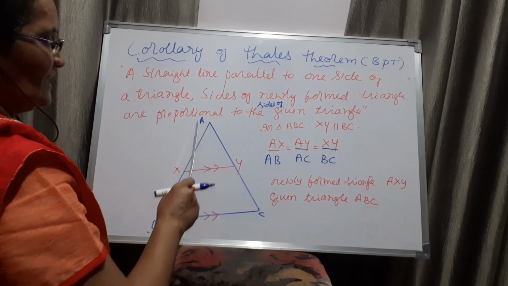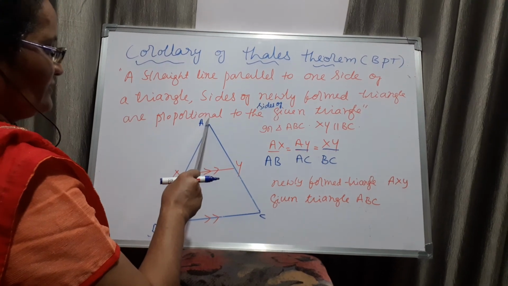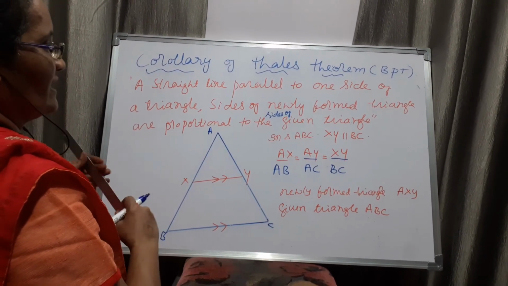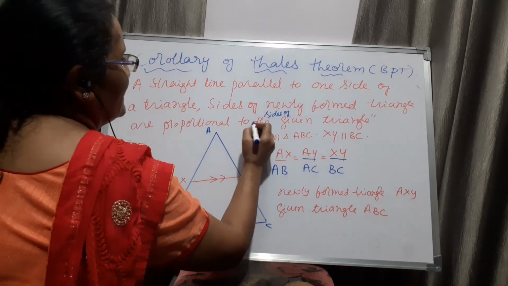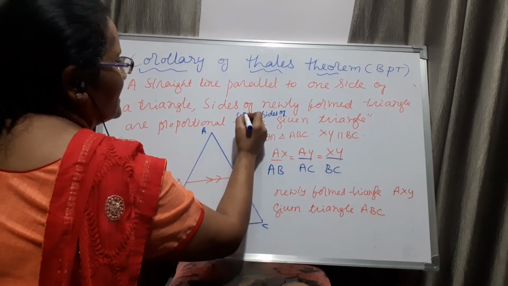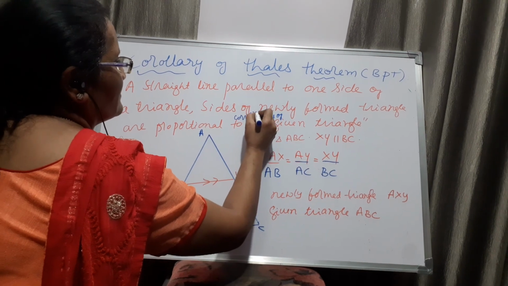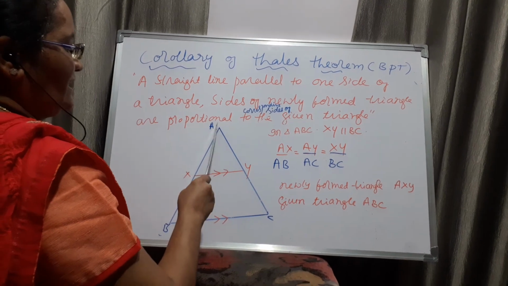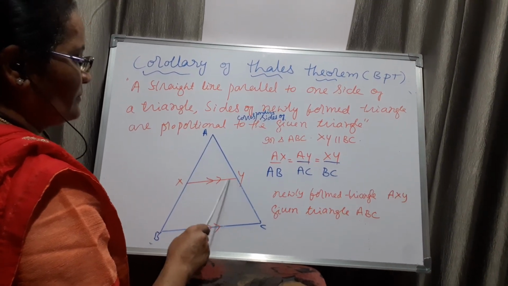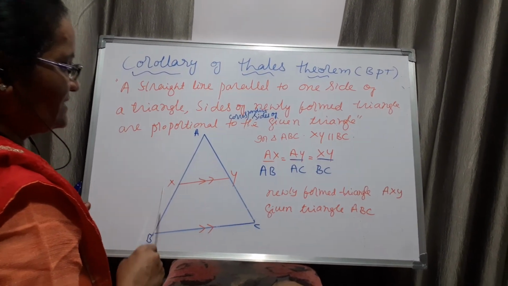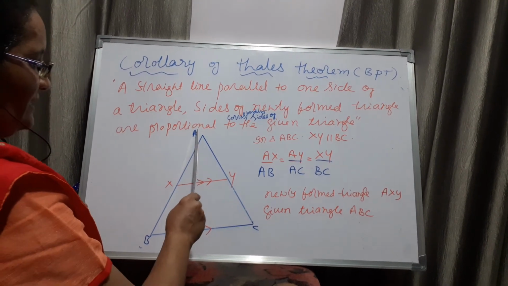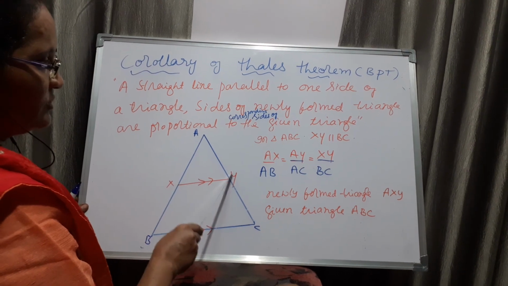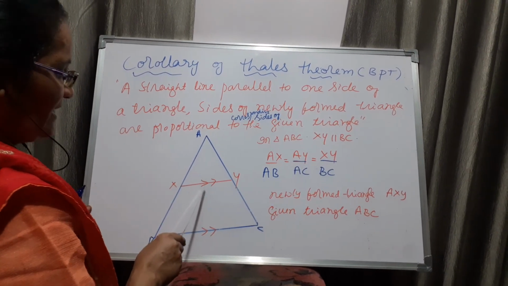The given triangle is ABC. AB corresponds to AX, AY corresponds to AC, XY corresponds to BC.